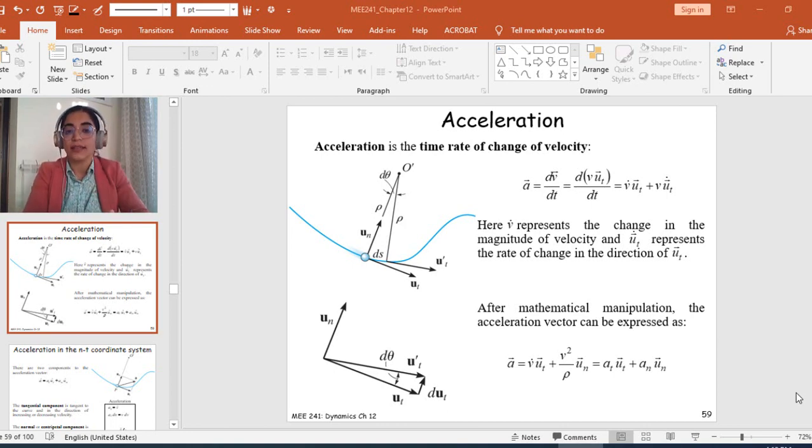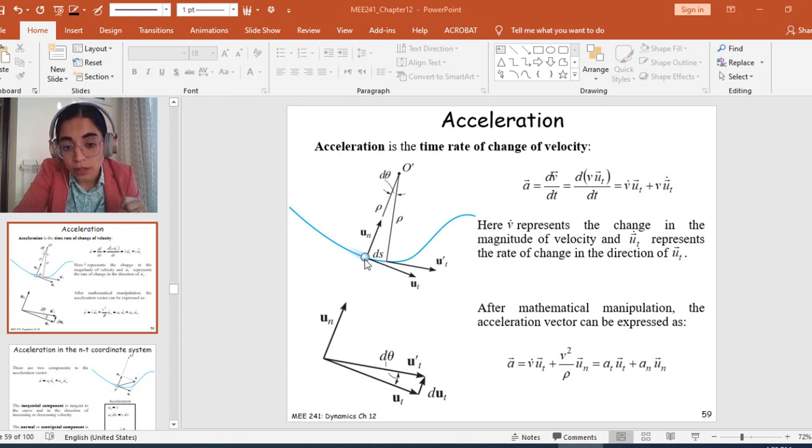But I know, guys, that ut is not fixed with respect to time. It's variable. Why is it variable? Not because its magnitude is changing, since this is a unit vector that always has a magnitude of 1, but because its direction is changing. Let's take this case.